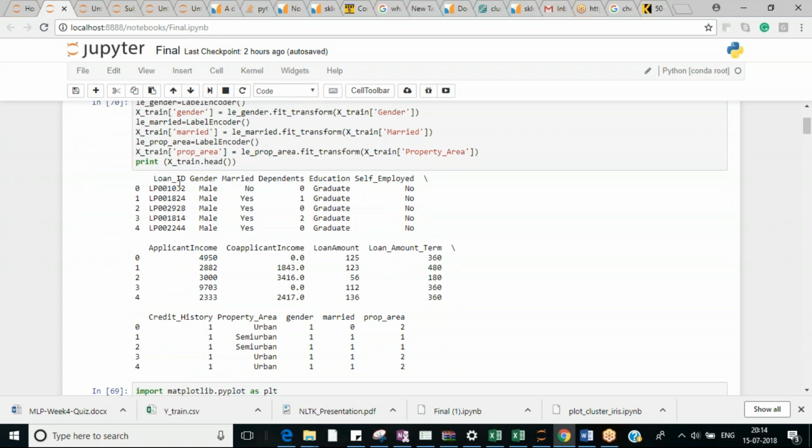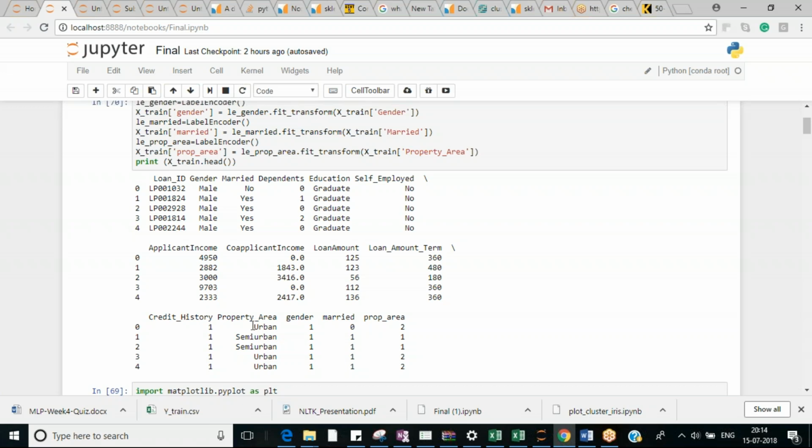So these are the different loan IDs, and then you have the gender, whether they are married, the number of dependents, the education, whether he or she is self-employed, the income of the applicant, then the co-applicants, if there are multiple applicants in the loan, and then the loan amount term, how many months he is taking, and credit history. If he has defaulted, then 0. If not defaulted, then 1.